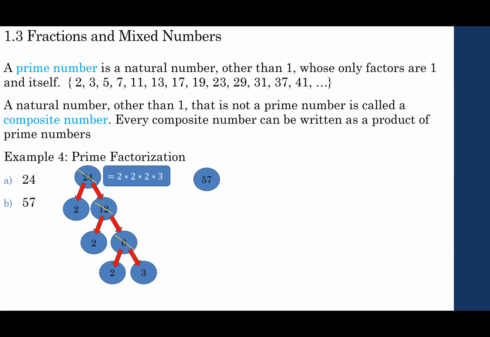But now, one thing is a small trick. How do we know if this number is divisible by 3 or by 5 or by 7 or any of these numbers? Clearly 57 is not even.